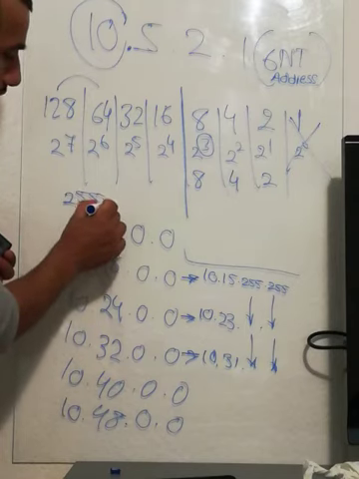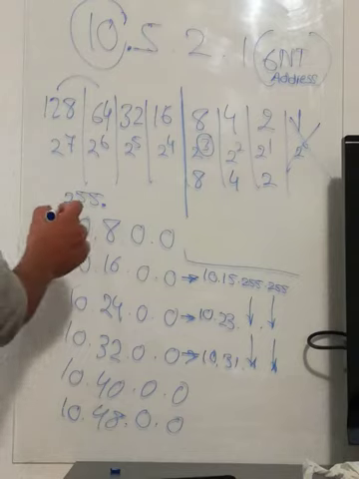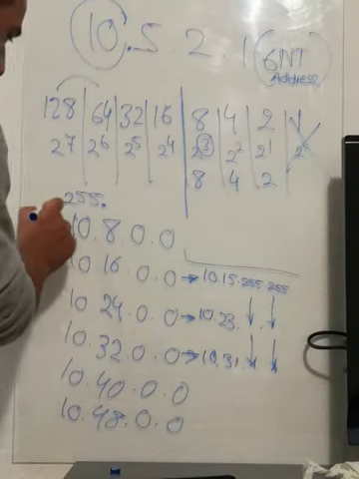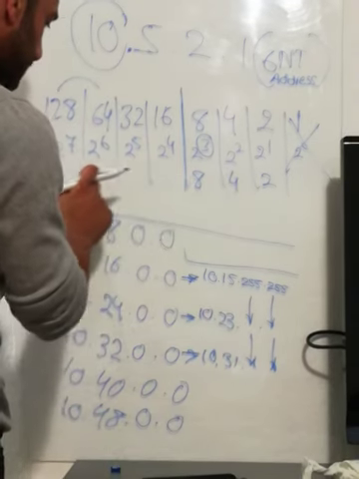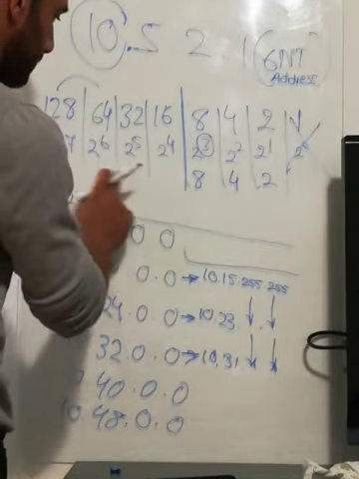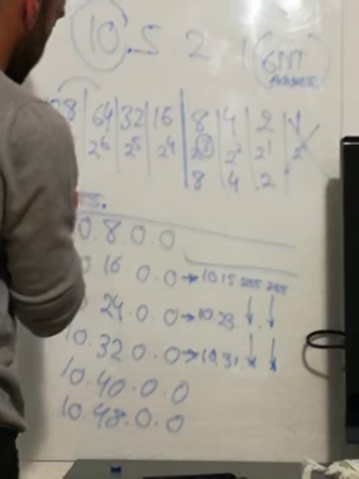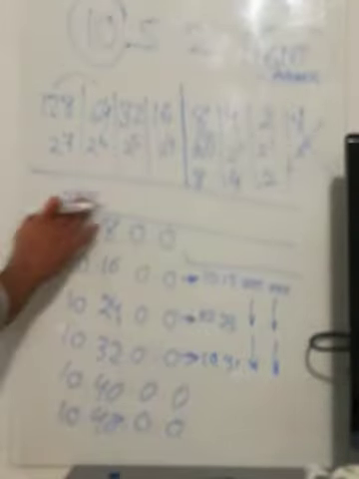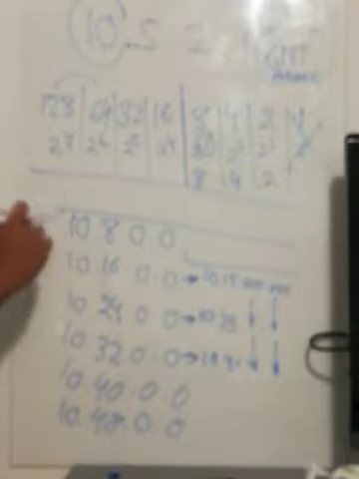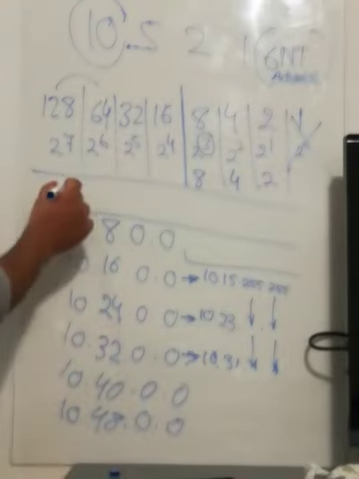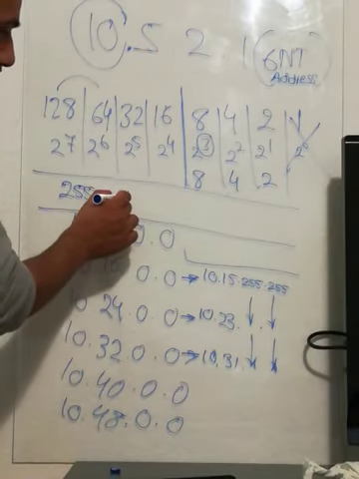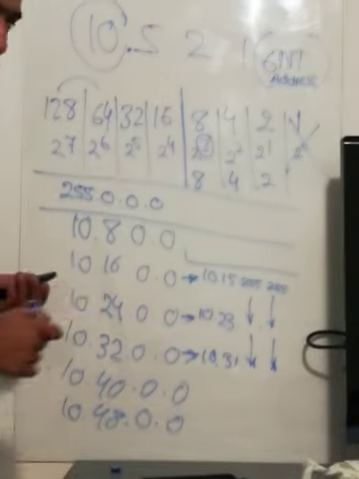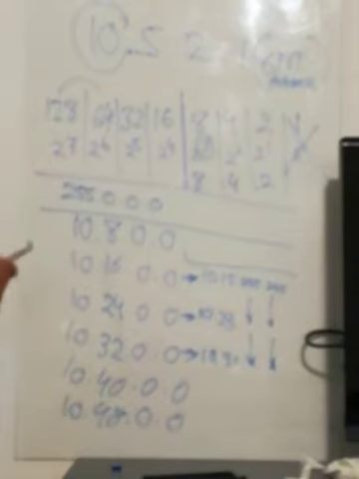255 dot, because it's a class A. I said that normally the class A subnet mask is 255.0.0.0. Yes, that's right.